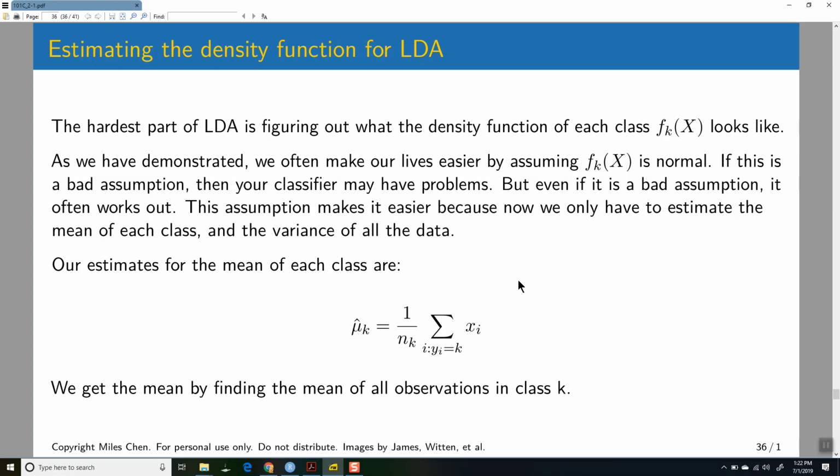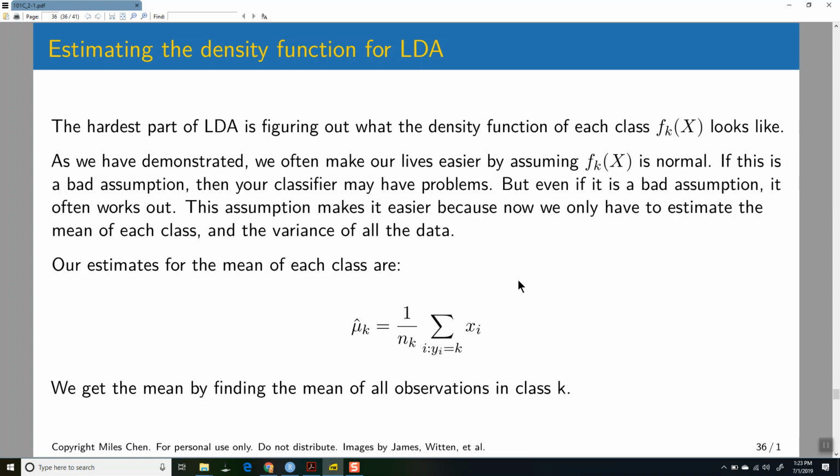And if it's a bad assumption, you might run into problems. A lot of times, empirically, it works pretty well. In all of statistics, we're forced to make assumptions, and generally assuming something is Gaussian is not going to be the best assumption, but a lot of times it works out, okay?